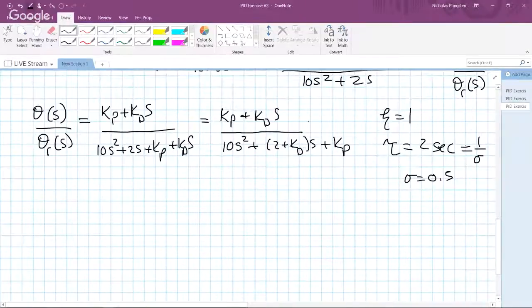So let's take a look. Yeah, that's right. So 0.5 on the left hand plane, meaning that this is a stable system.